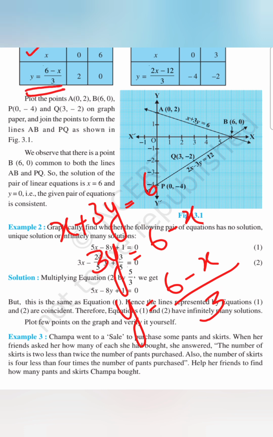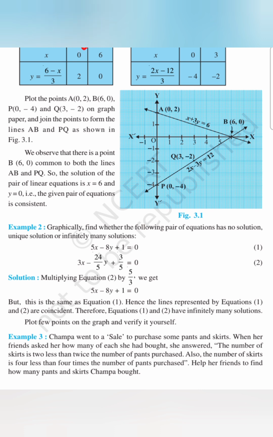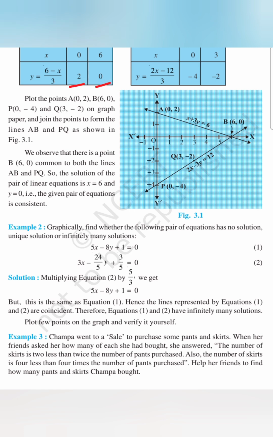So, the first row will be x and second row will be y. Y is equal to 6 minus x by 3, and that's obtained from the equation given in the question. And you write different values for x. You can take any value for x, substitute in this equation, y is equal to 6 minus x divided by 3, and calculate the values for y.